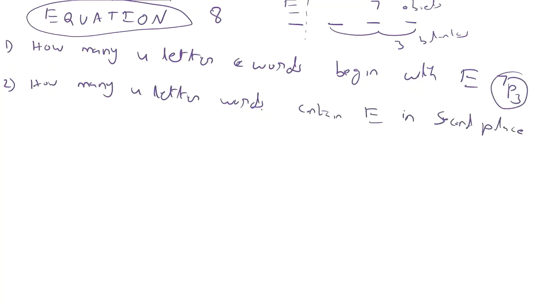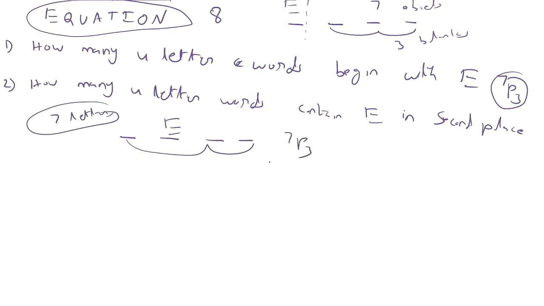In order to answer this question, we have to fill E in the second place. After that, we are left with 3 blanks and 7 letters. So the number of ways of filling these 3 blanks using these 7 letters is going to be 7P3.